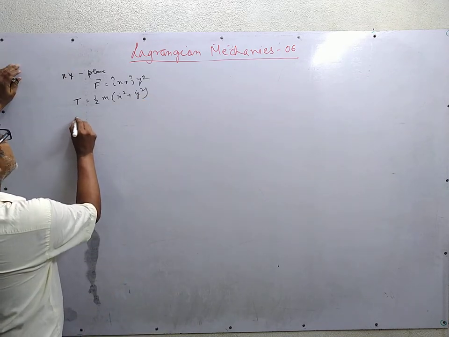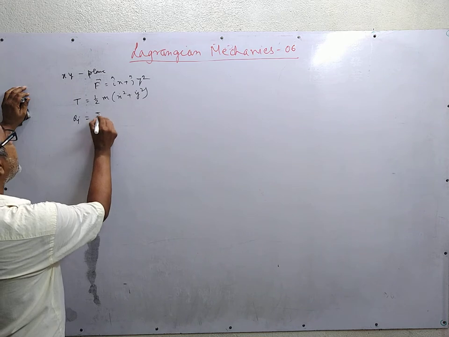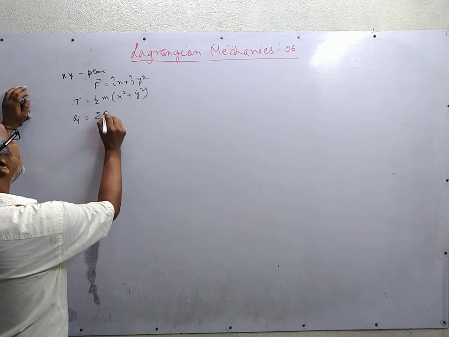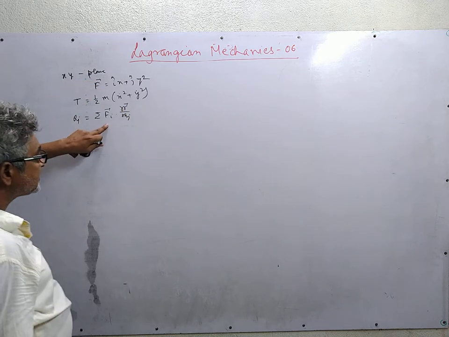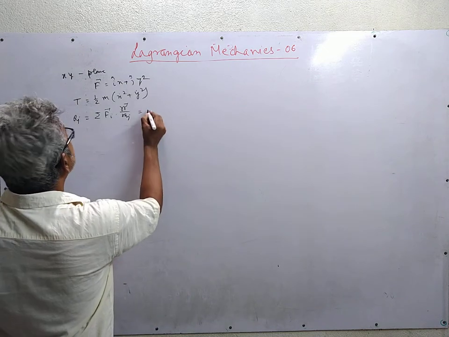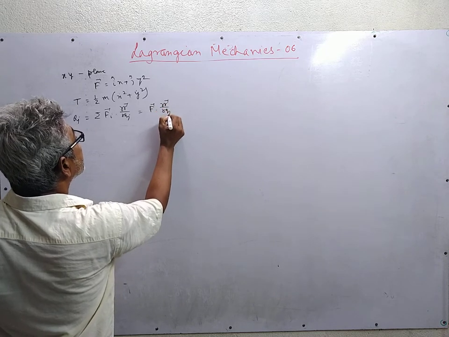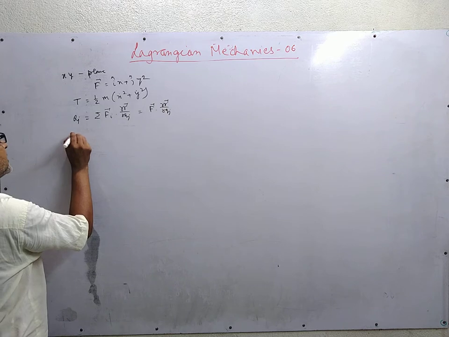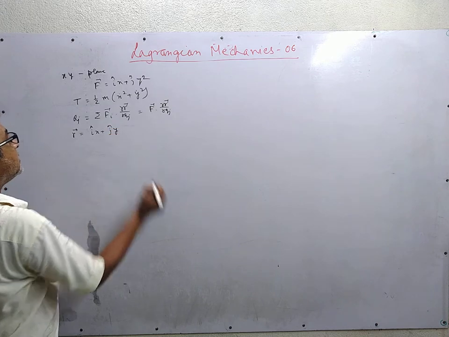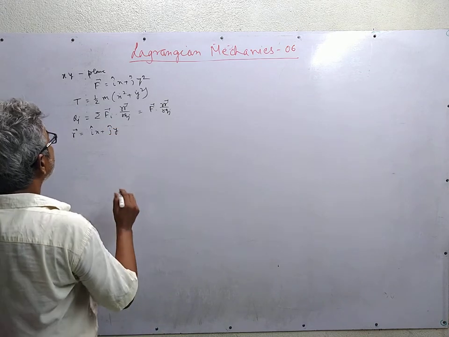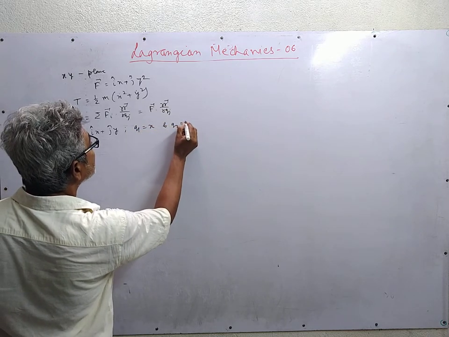This is the kinetic energy part. Now coming to the generalized force. The generalized force Qj is defined as summation over Fi dot del Ri by del Qj. Since it is a system comprising a single particle, this is F dot del R by del Qj, where R for a particle moving in the xy plane is i cap x plus j cap y, and two independent variables q1 is equal to x and q2 is equal to y.